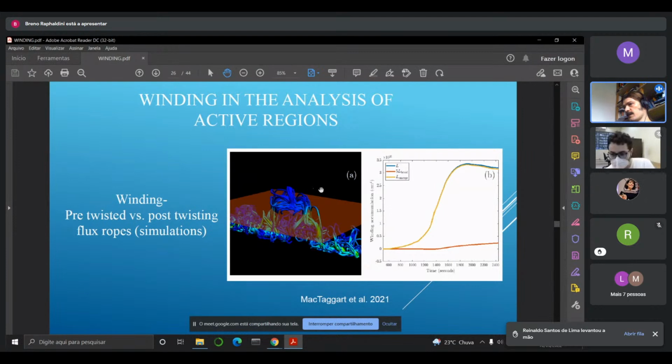Yes, but then we calculate this quantity just as we calculate on the observations, because we wanted to compare. Of course we can calculate both helicity and the winding from the volume on the simulations, because we have data from anywhere we want. But when we perform the calculations on observations, we have the magnetic field line sampled only on the surface.